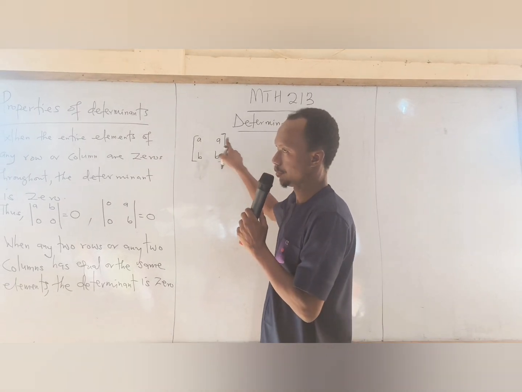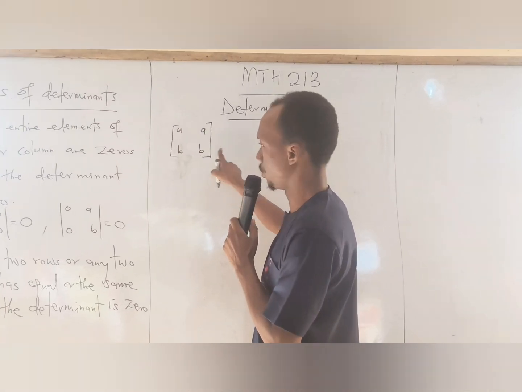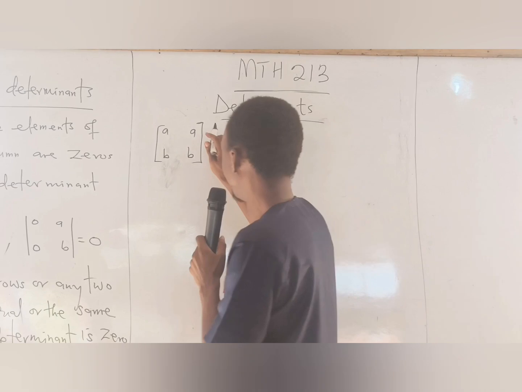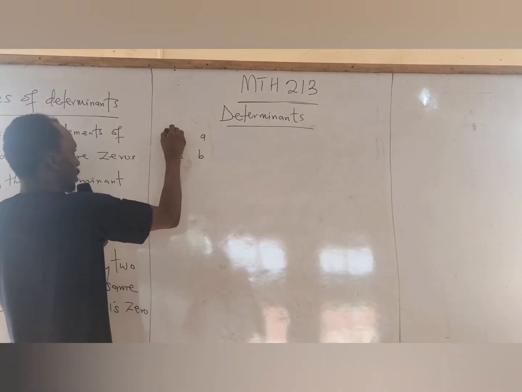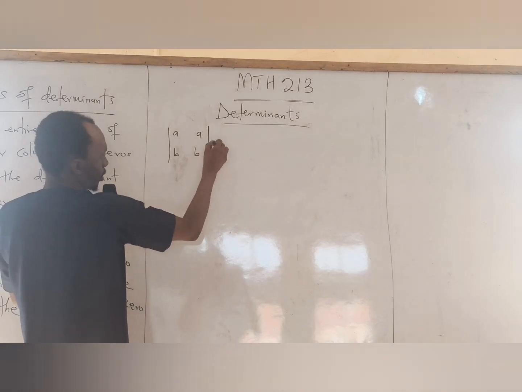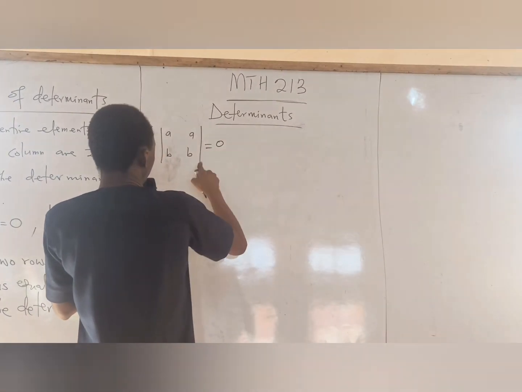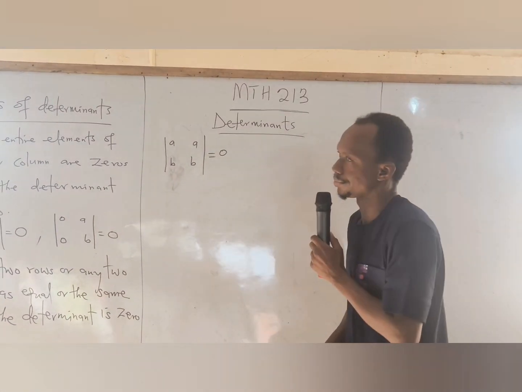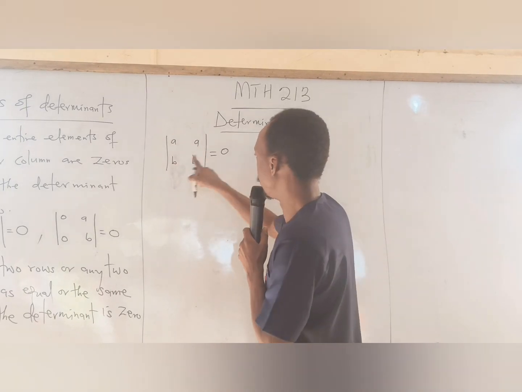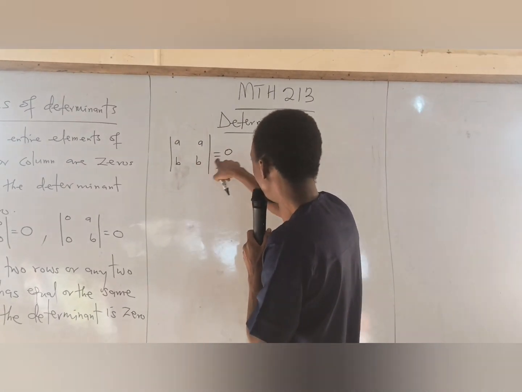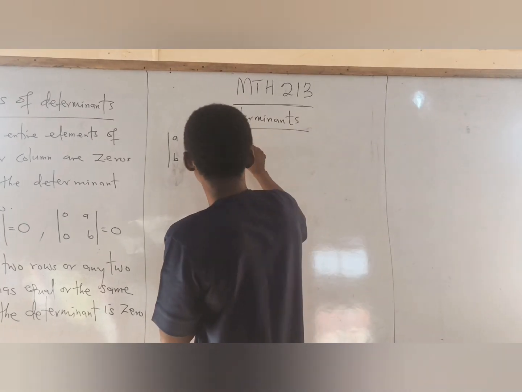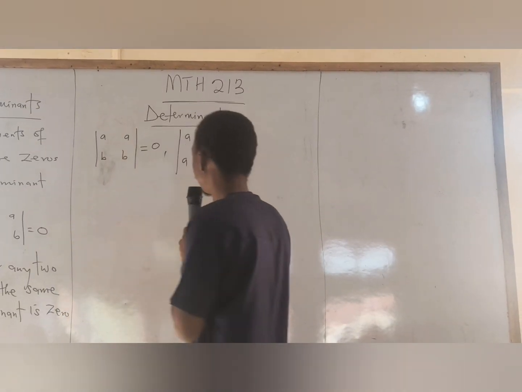This row are the same. This row are also what? The same. So what's the determinant? So the determinant of this is 0. That's the meaning. So the rows are the same, any two rows. It's still 0.